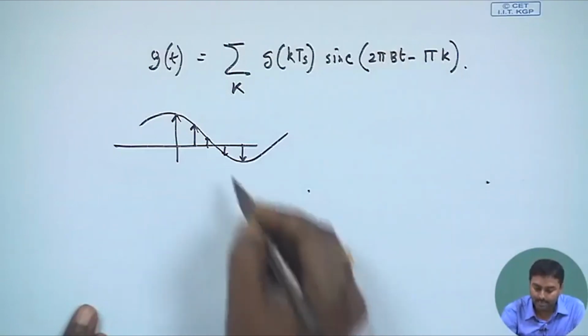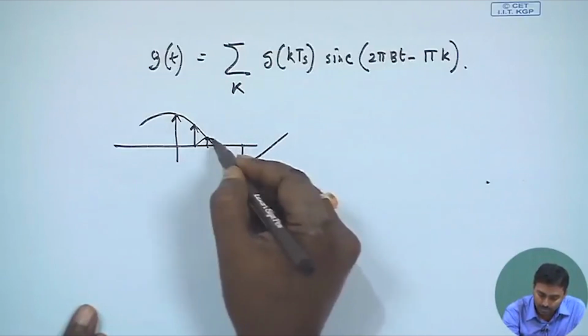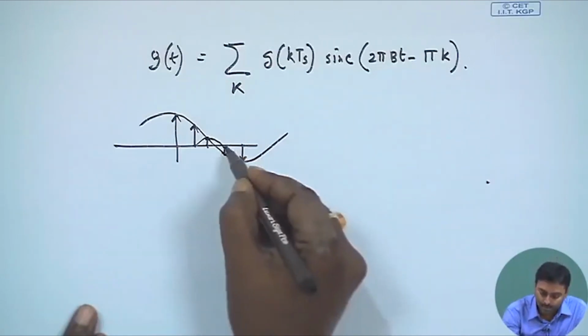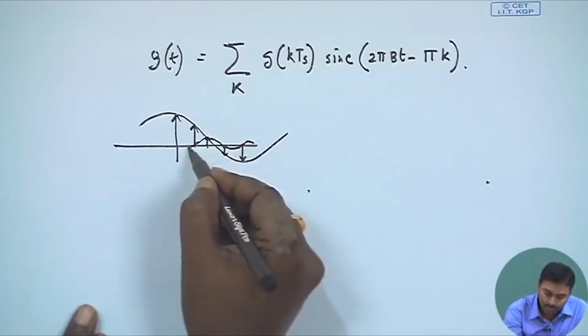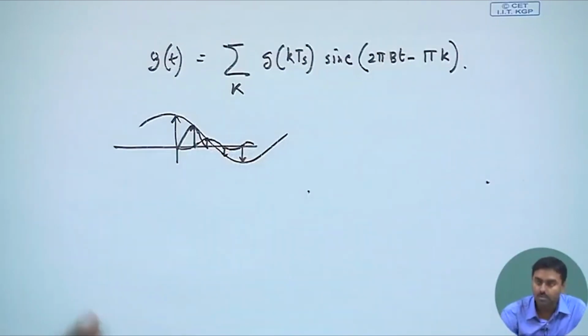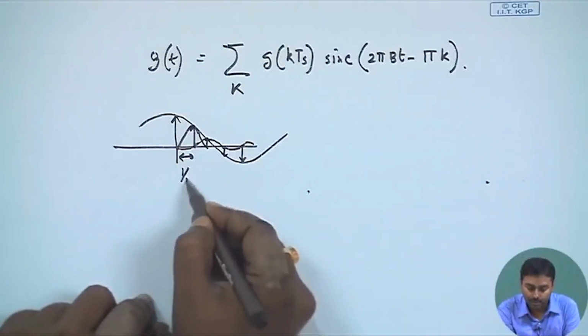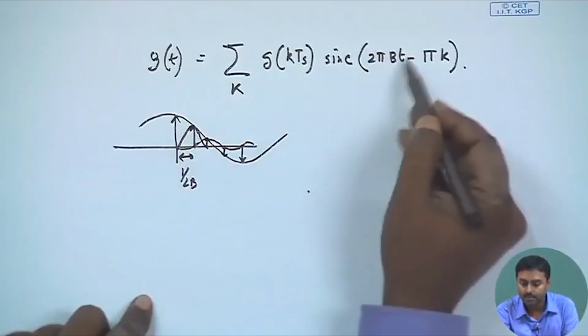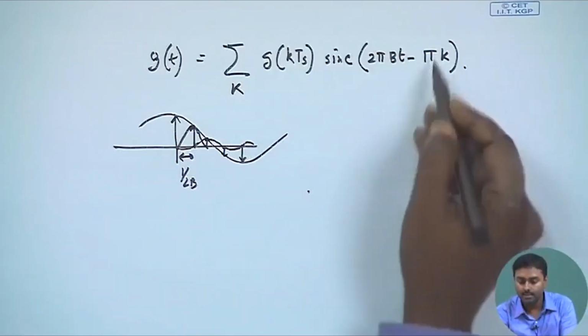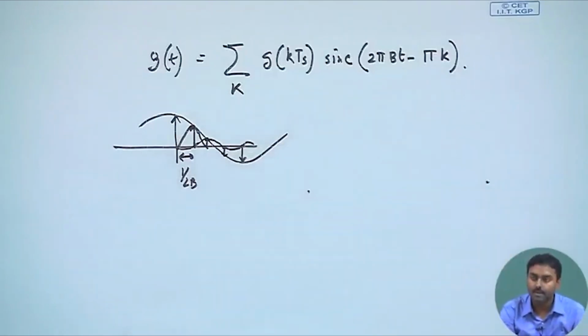So, basically we will be putting a sinc which goes to 0 over here and then keeps on going, and here also there will be a sinc which goes to 0 over here, because the separation is just 1 by 2b, and this sinc function with 2 pi bt, this is just a shifting factor, it just takes it to the next one, okay.